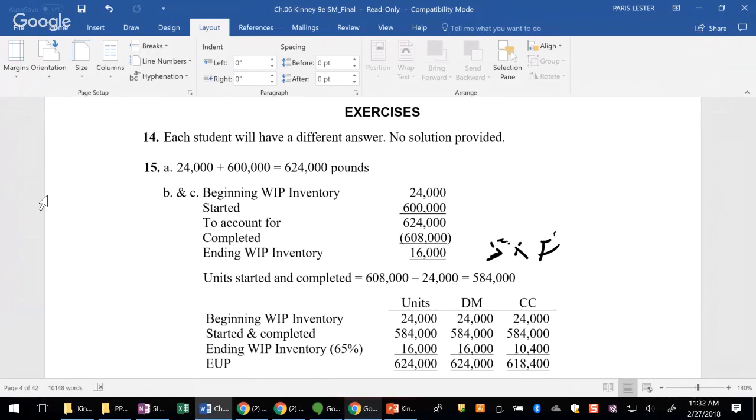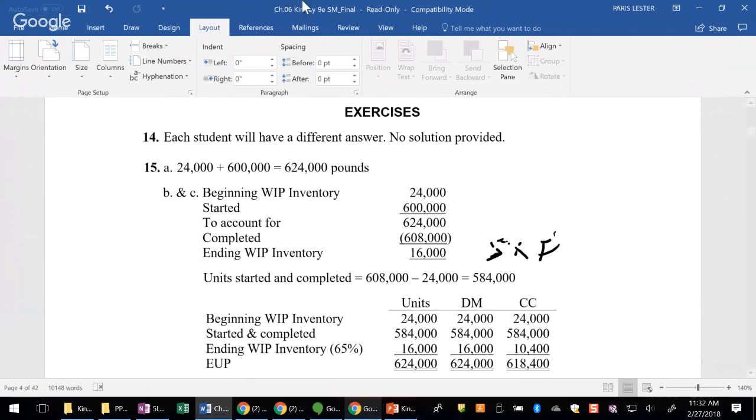What percent was it completed? I would have taken 584 plus 16. What's 584 plus 16? That's back up to 608. Or 600. No. I'm doing something different. No, I'm crossing the two methods. Completed is started and finished 608, but this was started and finished. Okay, these were completed or transferred out.